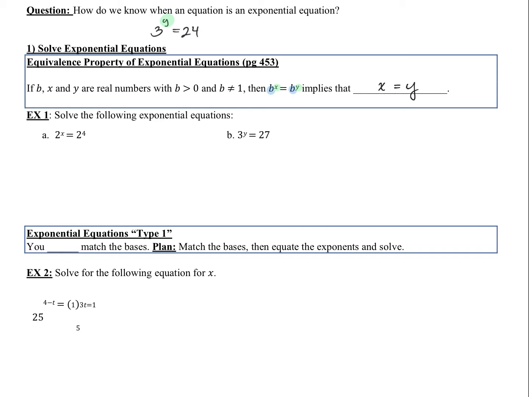So some people like to say the bases cancel out. Kind of not the way to say it, but that's a way you could think of it. So the bases would cancel out and we equate the exponents.